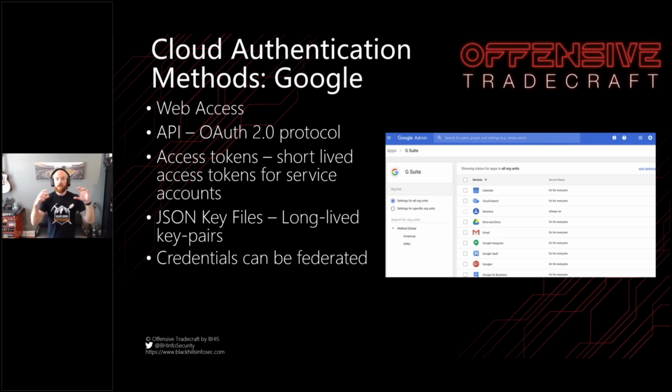And then you have long-lived key pairs, which are these JSON key files. These are probably the primary thing you might run across on a pen test, right? Like if you find somebody has downloaded these JSON key pairs for accessing Google. Same thing with the other two services, they can be federated as well.